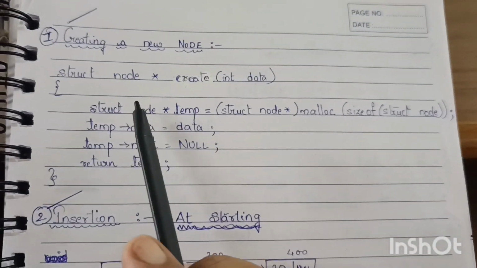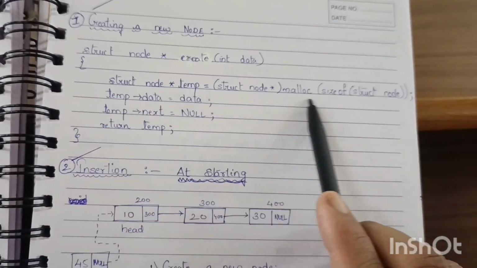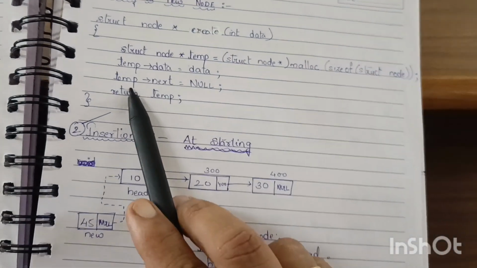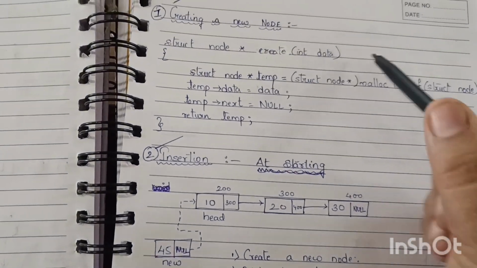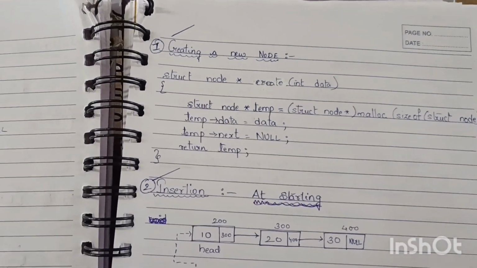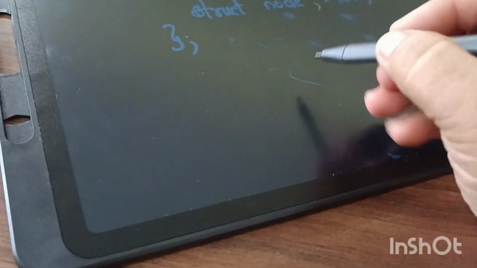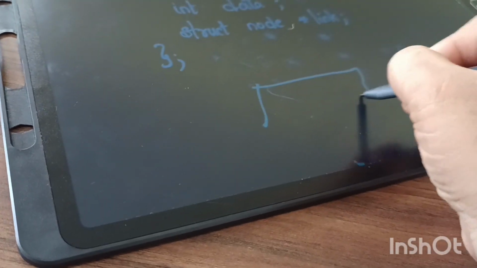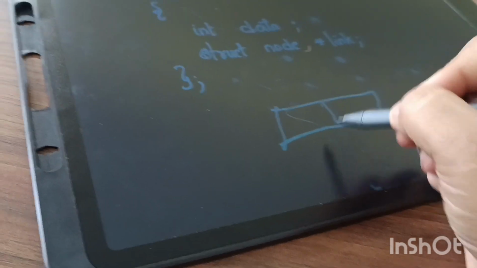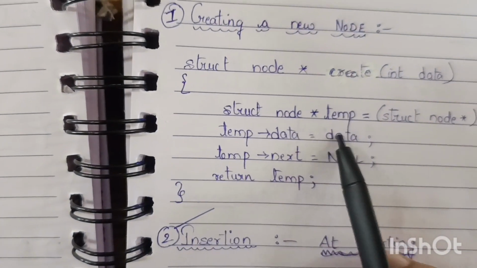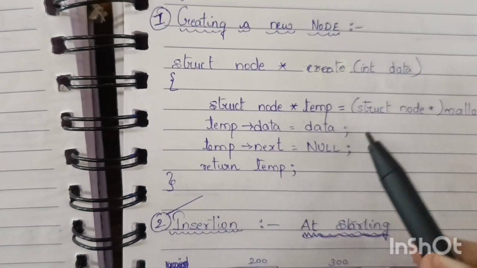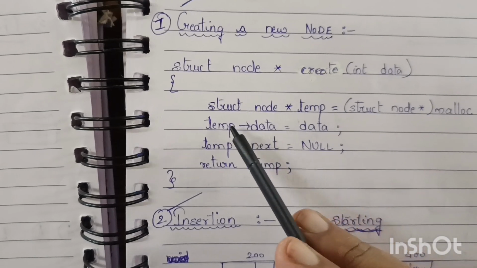After declaring, we are now creating a node. Automatically it will call that particular structure. Then temp of data equals data, so in the data part we store whatever data we get. Then temp of next equals null. Whenever a new node is created, a space is created in memory. The data part will have whatever data we pass, for example 10, stored in the data part of temp.